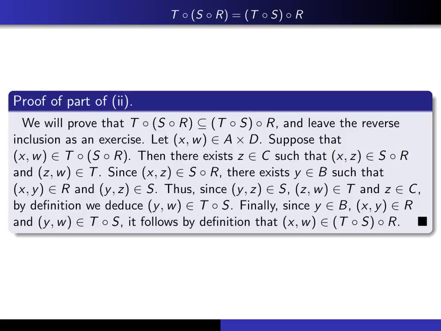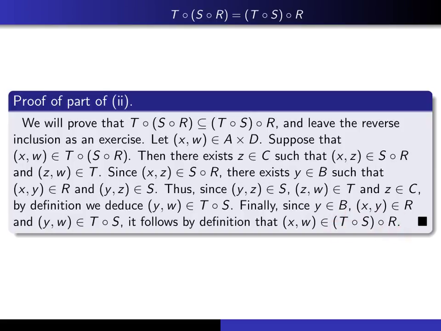Well, I have to relate all of this to something in this composition here. So, since yz is an element of S and zw is an element of T, as we've just finished saying, and this linking term z is in C, it follows by definition that yw lies in S composed with T. So now we've got y is in B, we have xy is in R, and from here we have yw is in here, and so by definition xw lies in this composition here.